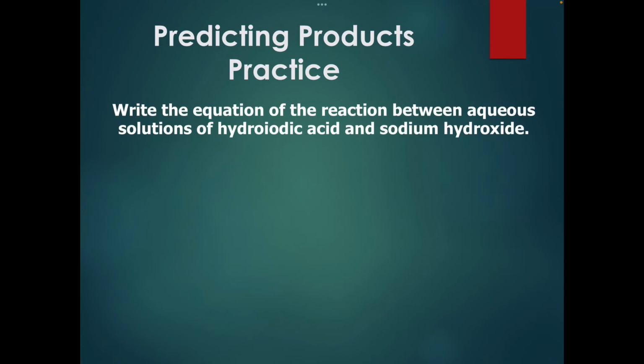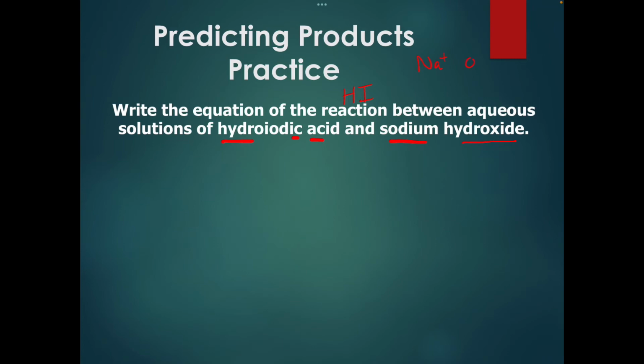When we see hydroiodic acid, anytime we see a hydro-ic acid, that's a binary acid. That means that hydrogen is just bonded to iodine. So this will be HI. When you see sodium hydroxide, that's an ionic compound, right? A metal and a polyatomic.